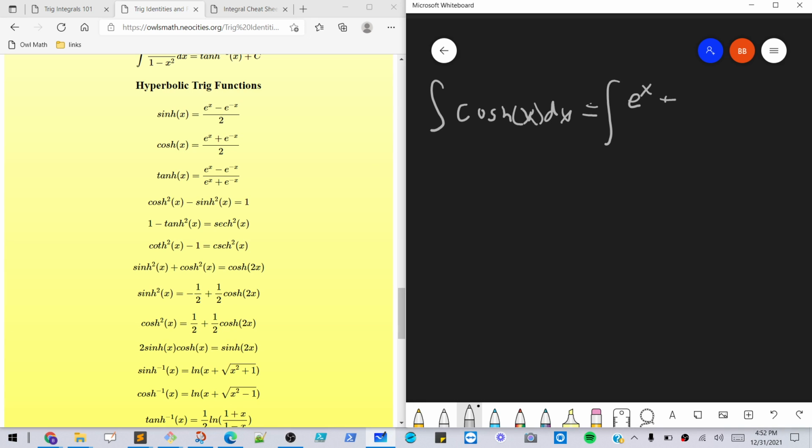Okay, we have the definition of cosh, hyperbolic cosine. And this is pretty easy because we can just break this into two separate integrals.